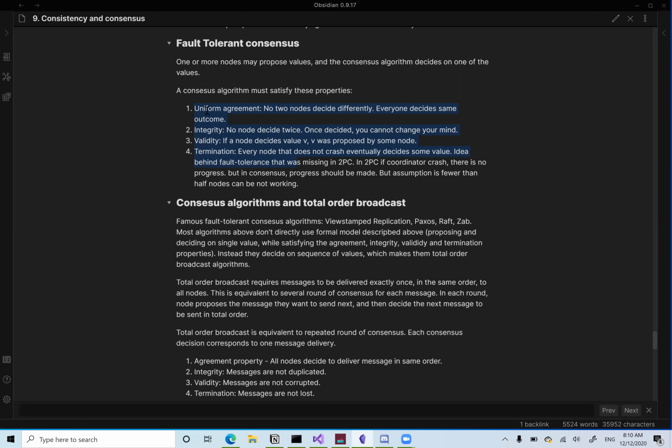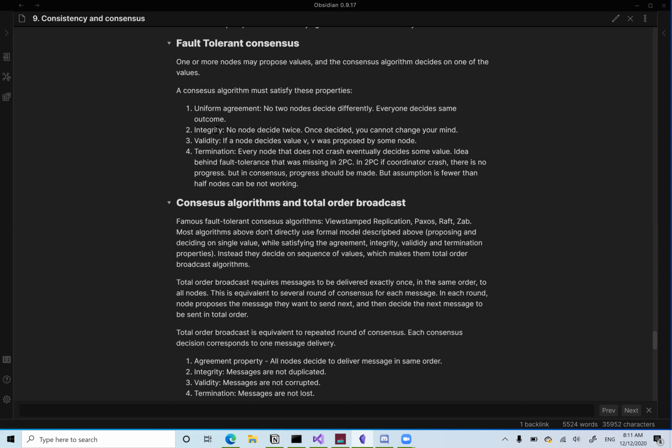If someone has proposed, hey, let's go to a movie, and someone has proposed let's go to dinner, we all should agree on one of the values so we can do that thing together, right? The first property, uniform agreement: after the discussion has finished, there should be one agreement in the system, that everyone agrees, okay, we have decided to do this.